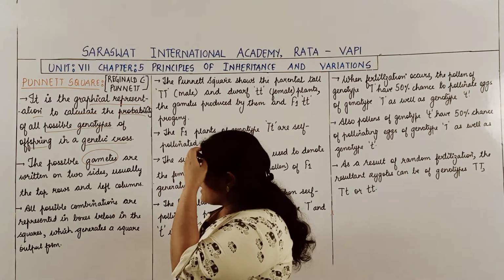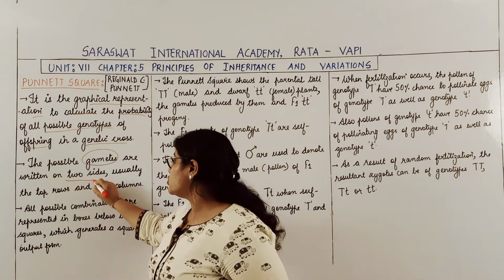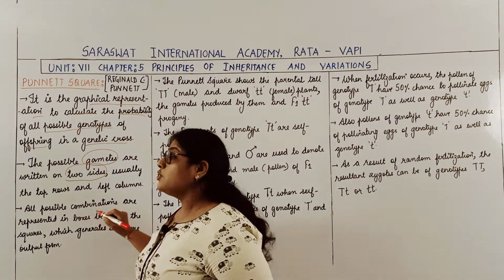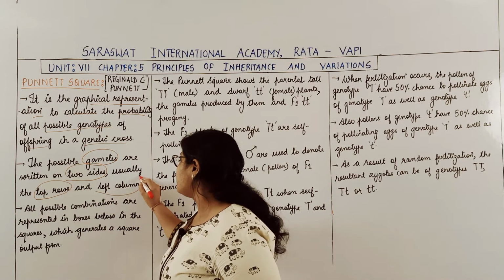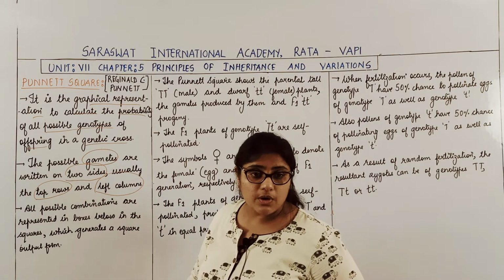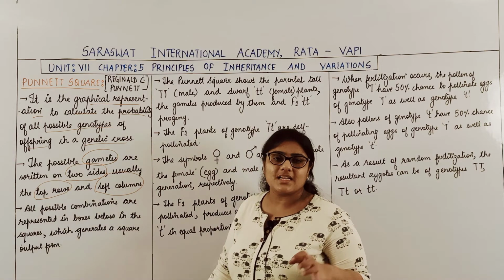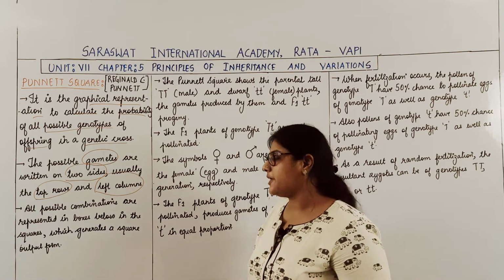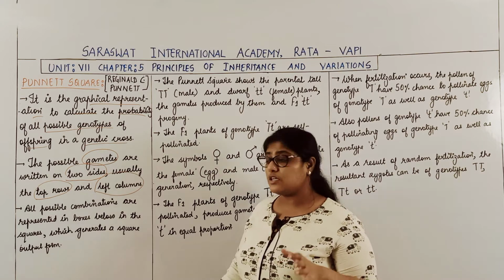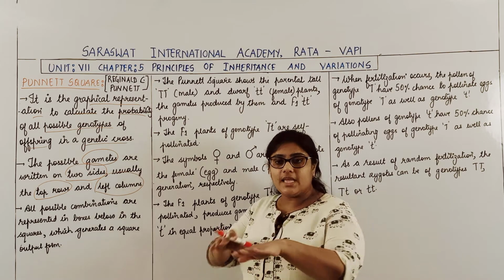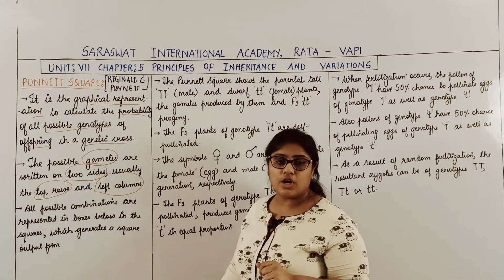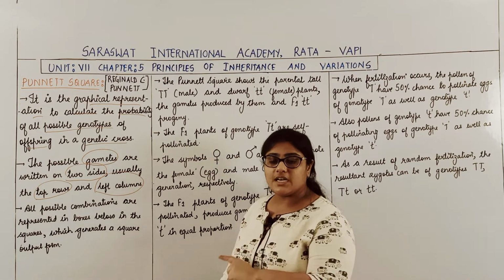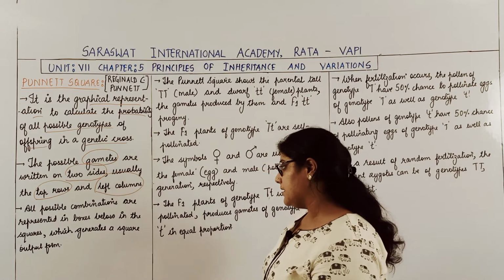The gametes are written on the two sides, normally the top row and the left column. How are gametes, or where are gametes written in a Punnett square? Gametes are written on the two sides, normally the top row and the left column. It will be clear when I show it to you graphically.